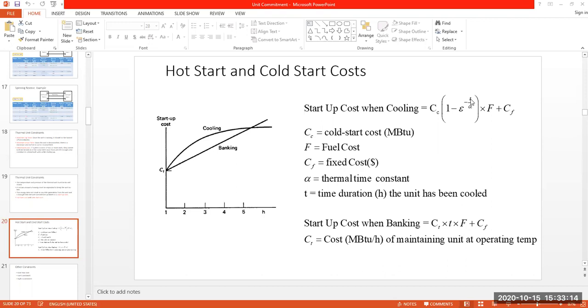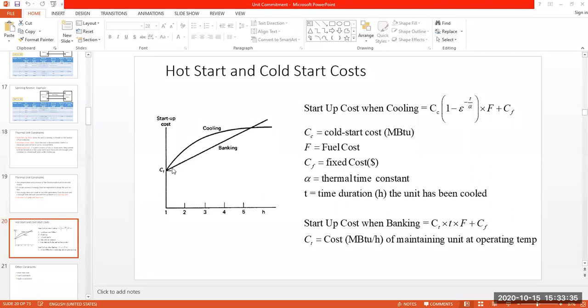If this is 0, what do you get? You get simply e to the power 0 is 1. So this will vanish and you get CF. If you have not cooled it, you are at the fixed cost point, right?